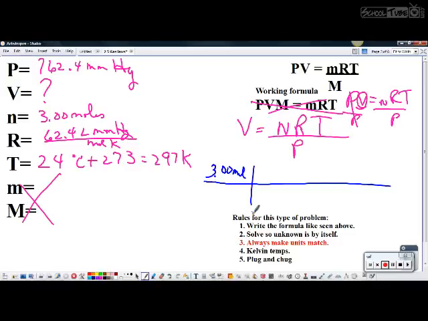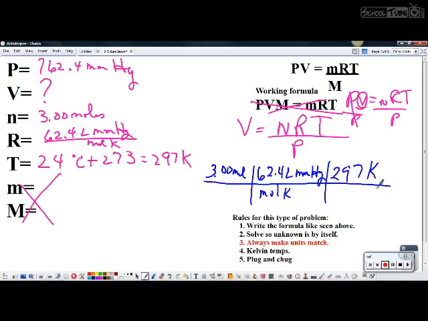So I'm going to put the number and the units with the number on the top. So 62.4 liter millimeter Hg per mole K. All right, my T is on the top, so 297 K.